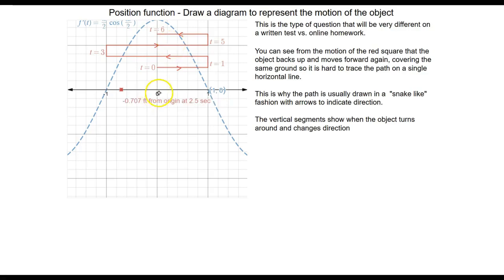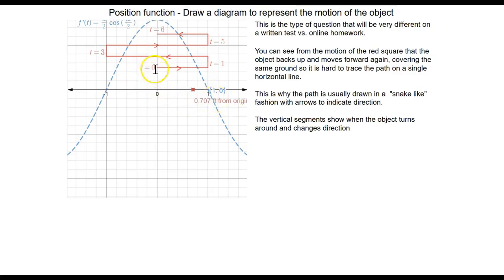So at t equals 0, notice it's moving to the right for 1 second, then it moves back at 1 second, to the left for 2 seconds, then back again for 2 seconds, and then it goes back to the origin at 6 seconds.